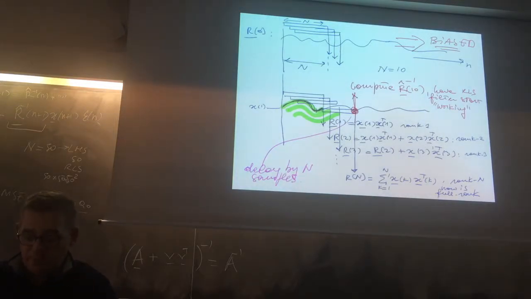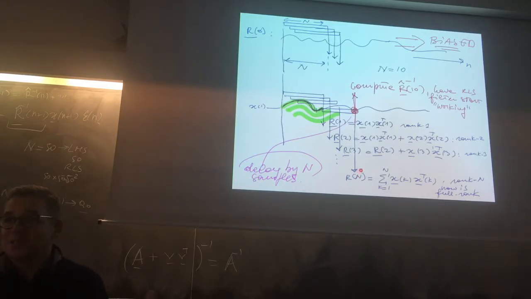Now, to have a very good autocorrelation matrix, if you decide on this second choice, you're better off delaying a little bit more before applying the filter. Because the autocorrelation that you compute here is full rank, but it's not good.